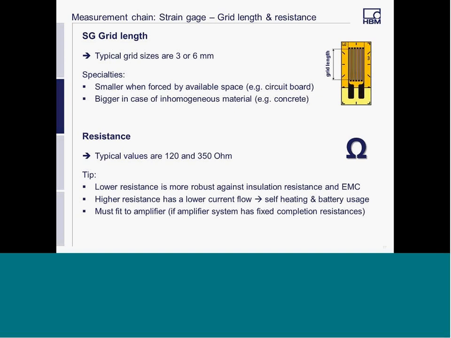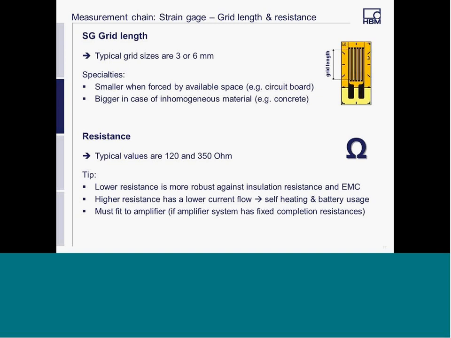And typically they share it 50 by 50. So when to take the 120 and when to take the 350 ohm, normally there's a customer decision. You say, okay, I always use that one, or I always use that one. For example, because of your amplifier system. If you have an amplifier system which can do both, then you have to decide.